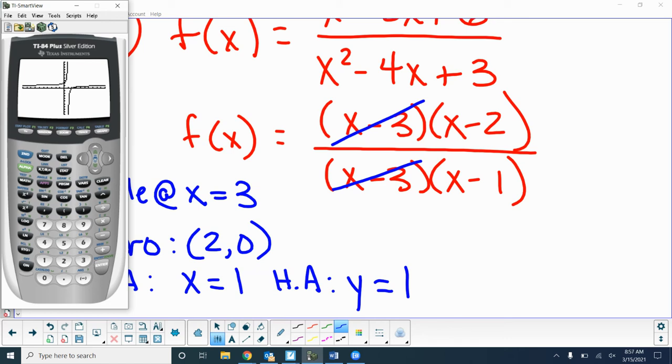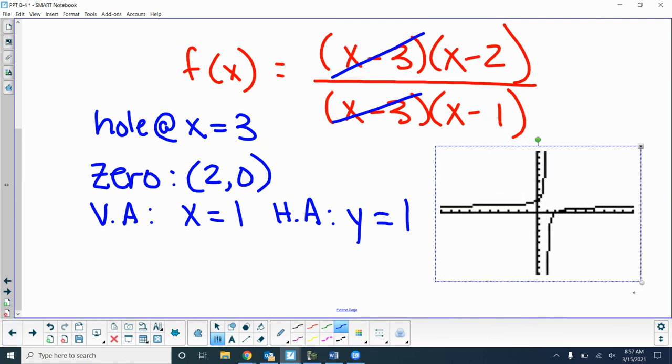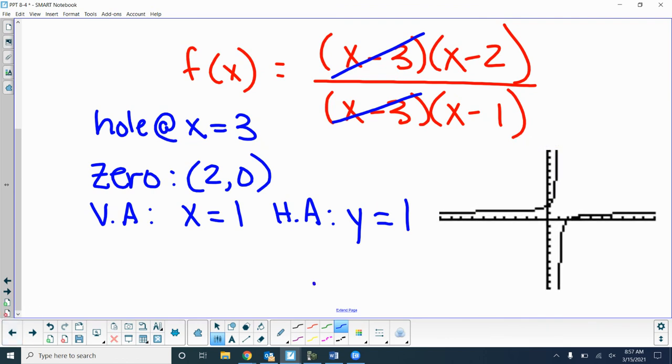So when I draw it, I'll just do it this way. Horizontal asymptote is y equals 1, so it's right there. Vertical asymptote is x equals 1, so it's about there.